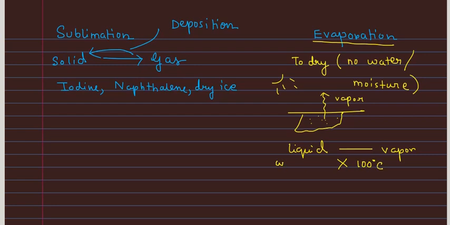So the water present in the clothes is not undergoing boiling. When a liquid converts to its vapor state at temperatures below the boiling point, that process is known as evaporation.